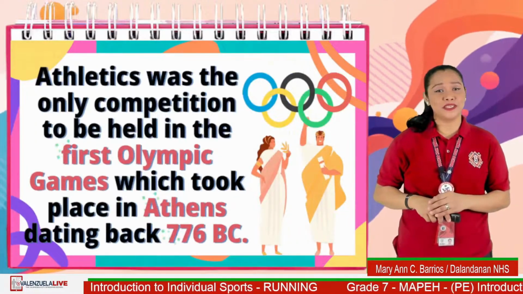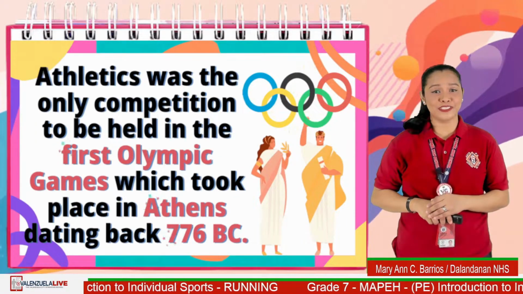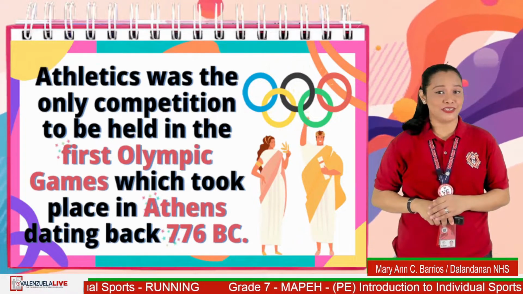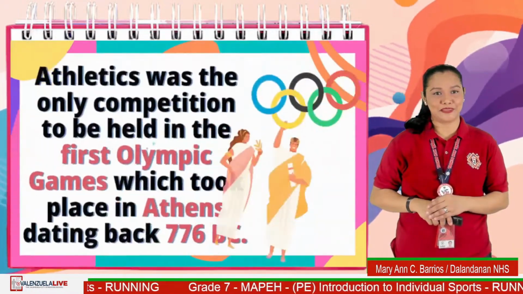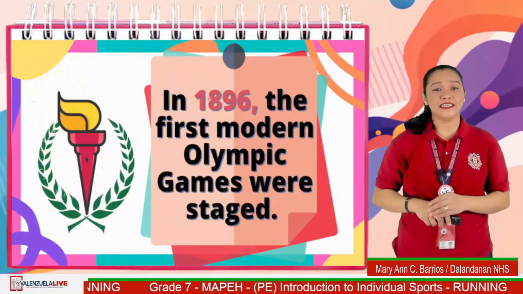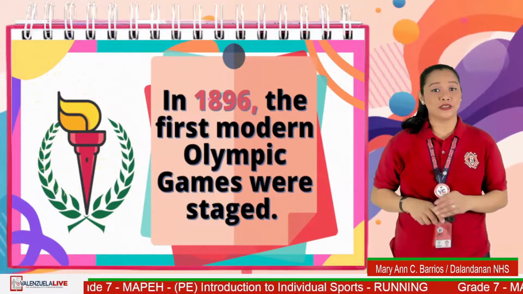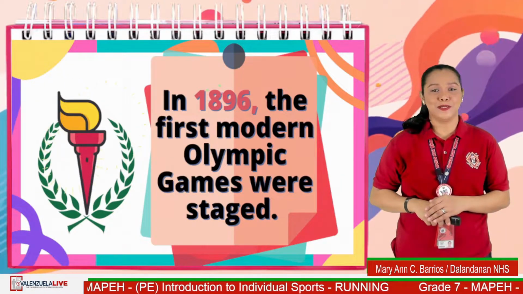Athletics was the only competition to be held in the first Olympic Games, which took place in Athens dating back to 776 BC. At that time, the single athletic event was known as stade, a foot race that covered the length of the Athenian Olympic Stadium.